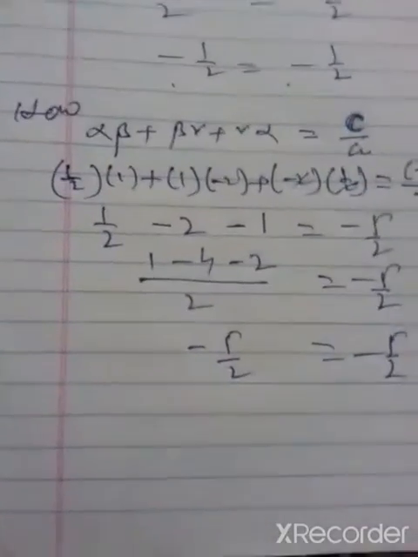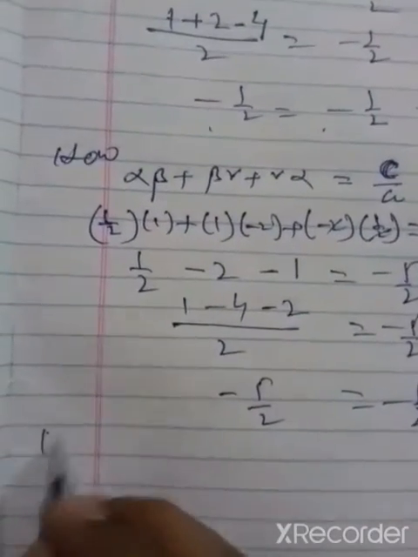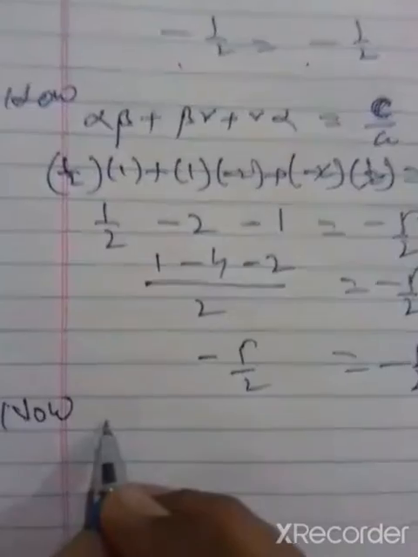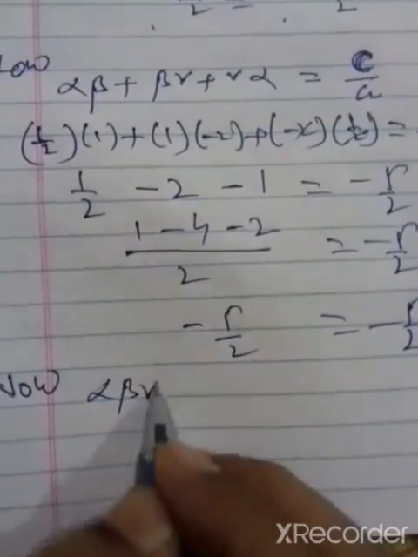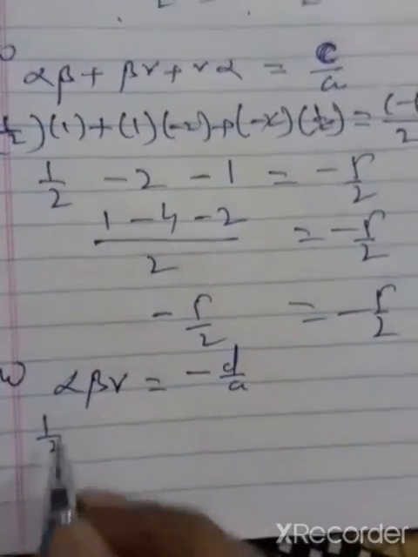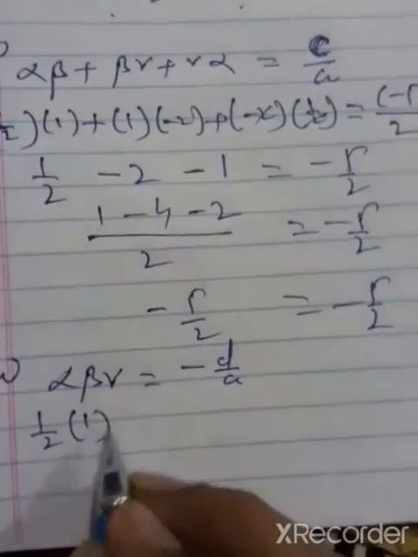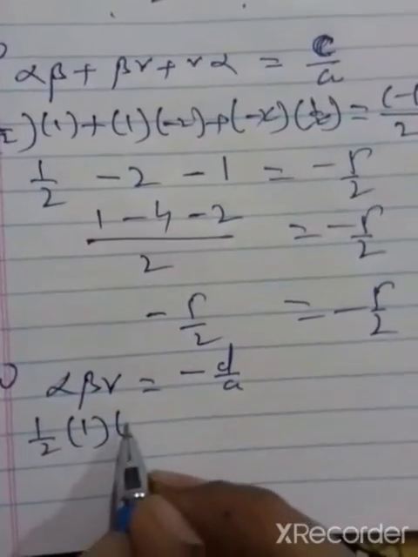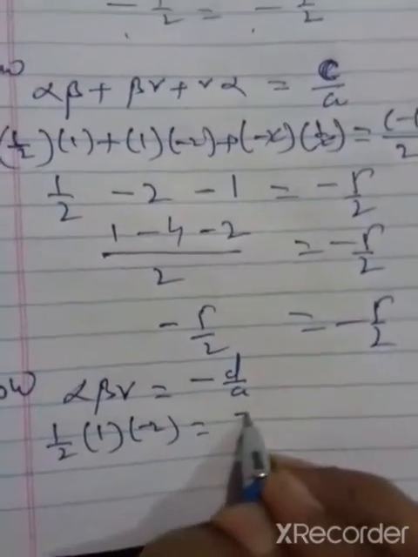And at the last, now we'll check for the product, that is alpha into beta into gamma, that is minus d upon a. So alpha is 1 by 2, beta is 1, gamma is minus 2, equals minus, what is d?